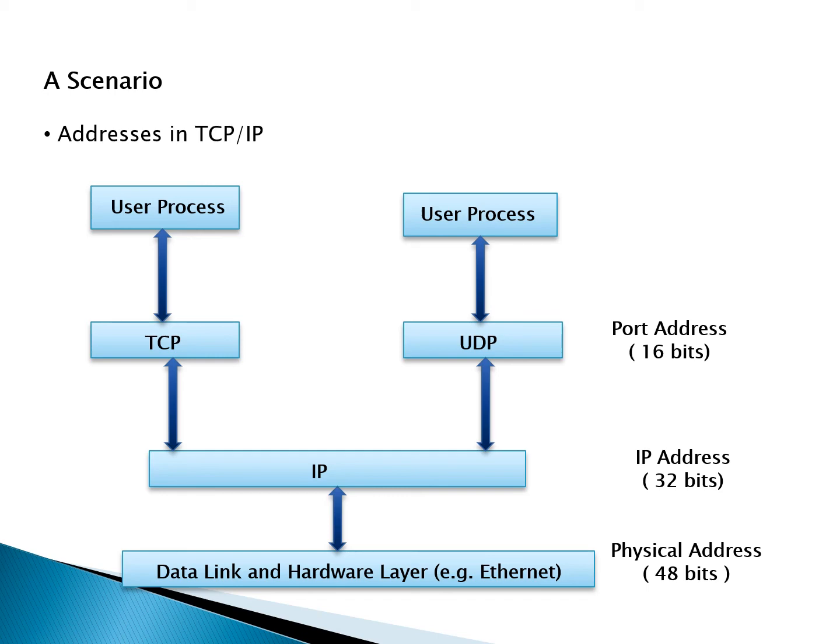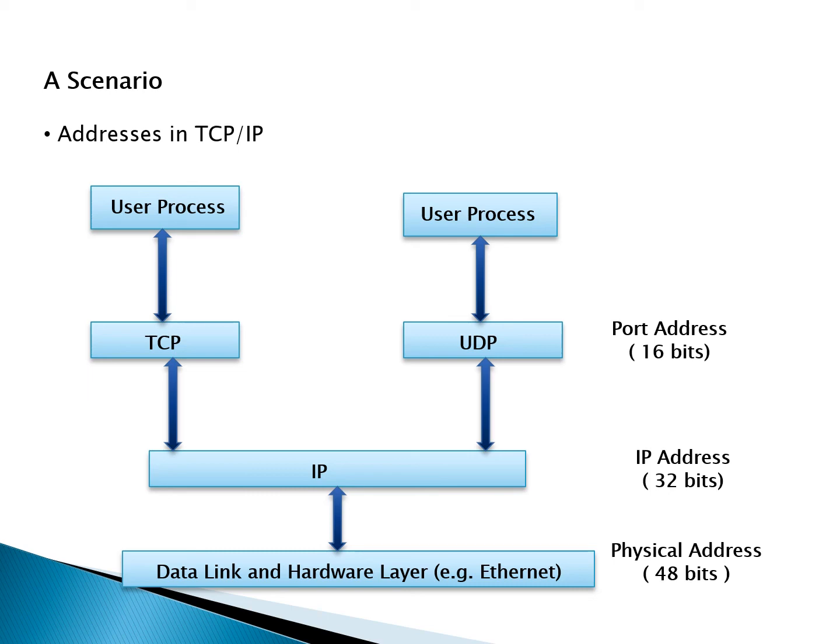Now, a number of applications and user processes are using the network. How to distinguish which user process is sending data and which user process is receiving data? So, there is a concept of port number or port address. A port address uniquely identifies an application or user process running on a device.